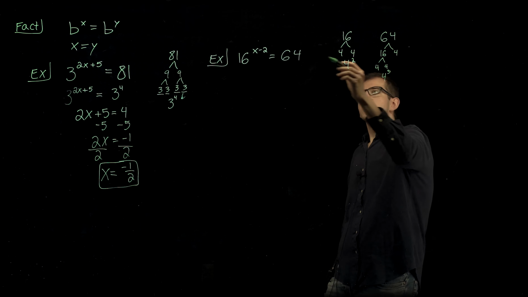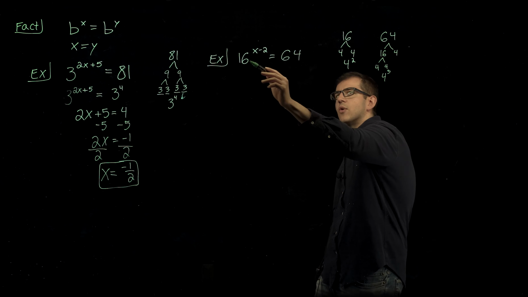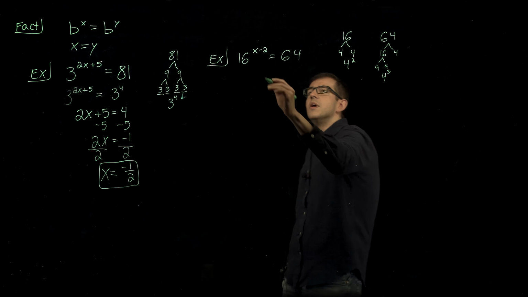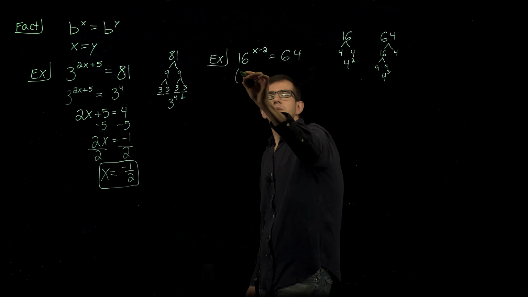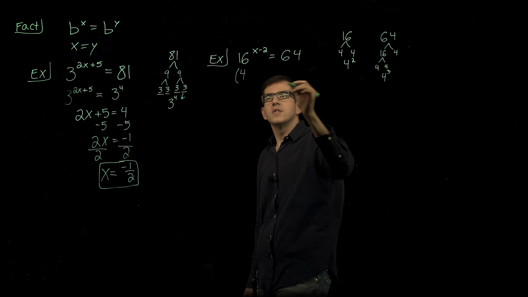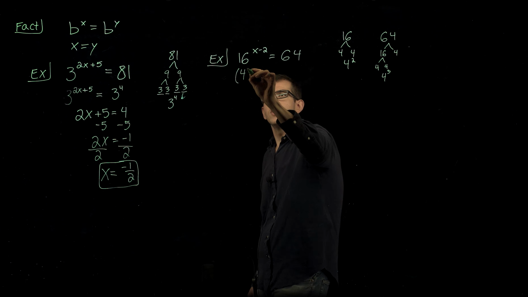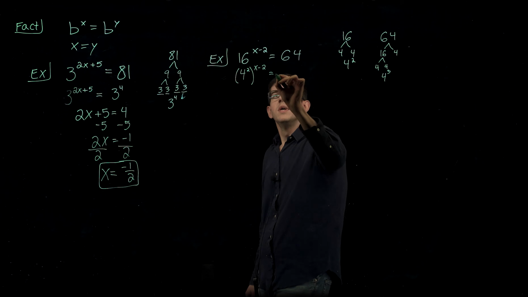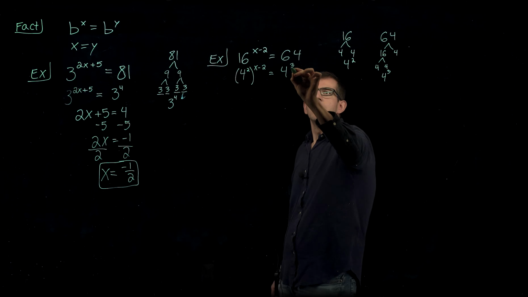If you chose to break these down into 2 to the fourth and 2 to the sixth, that will also work. But if we just use the example I just mentioned of 4 squared and 4 cubed, we'll get 4 squared to the x minus 2 is equal to 4 cubed.